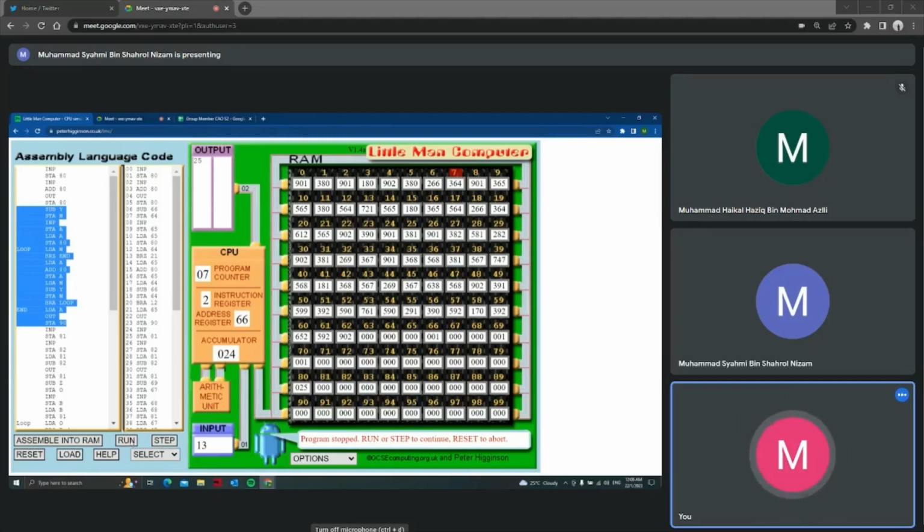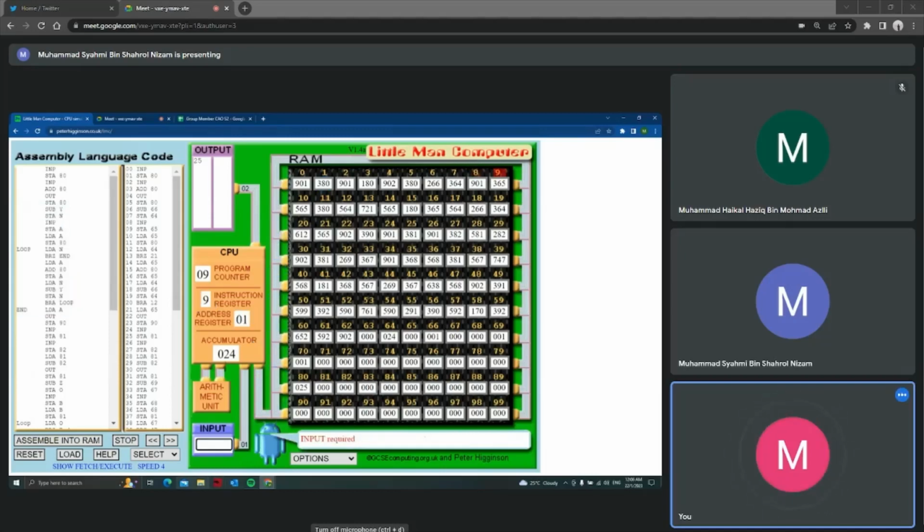So what we do, firstly we store the number 1 at address 66, and then we store the number n at address 64, and then we add on the number that we need, which is 25, and then we store the number at address 65 and load A in 65, and then we store the number at 80.